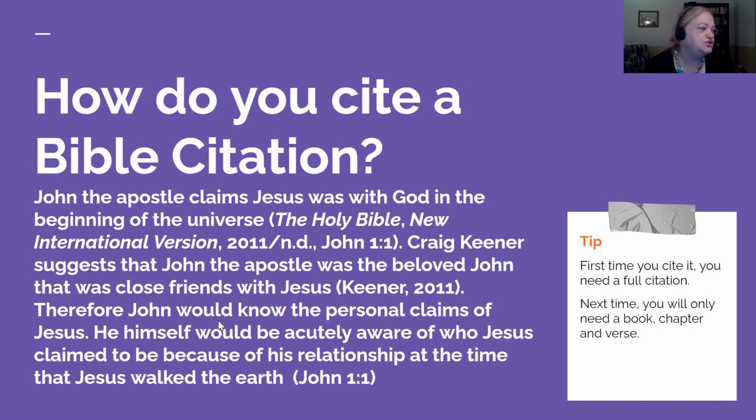Therefore, John would know the personal claims of Jesus. He himself would be acutely aware of who Jesus claimed to be because of his relationship at the time that Jesus walked the earth. And then again, I put John 1:1 here, and I need to put a period.